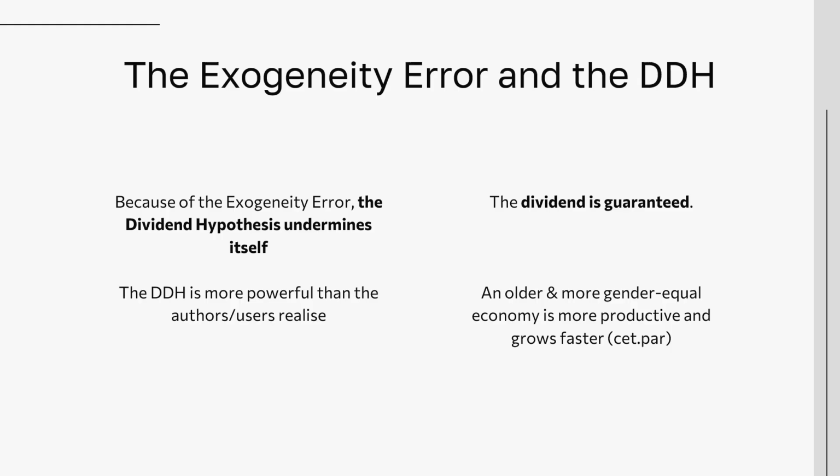To further investigate this argument, we would refer you to our prior video entitled Demographic Endogenous Growth Theory. But in effect, this is the mistake that the dividend hypothesis makes. It's a rather technical error. It effectively uses an exogenous model instead of using what should be an endogenous model to capture the fact that labor is the primordial factor of production.